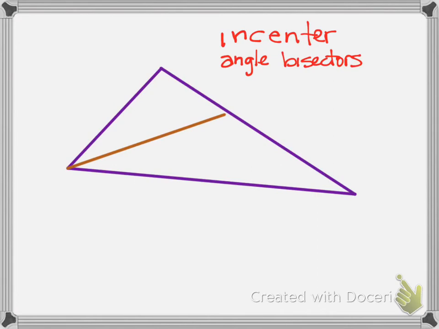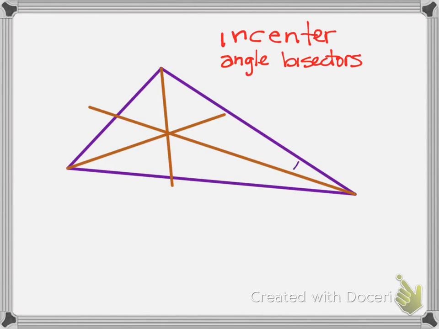Now I'm going to try to do the same with this top angle. I'm going to try to cut this angle in half using a straight edge. So here I go, roughly cut in half, and then lastly with this one, roughly cut in half, and lo and behold, those 3 segments all meet at the same point.